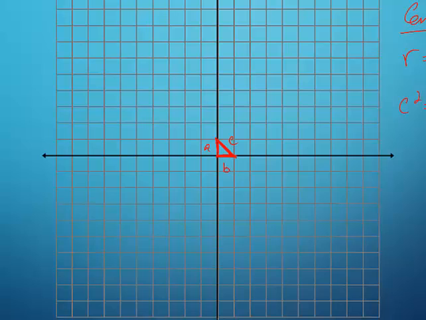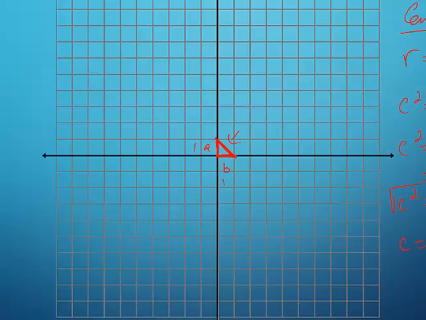Taking those two, let's find a and b. a and b is the distance of 1 and 1. So we're going to have c squared equals 1 squared plus 1 squared, which is going to be 1 plus 1. That's going to equal 2. So c squared equals 2. Now in order to find c, we're going to take the square root of both sides. So c equals the square root of 2. So the square root of 2 is just this diagonal right there.